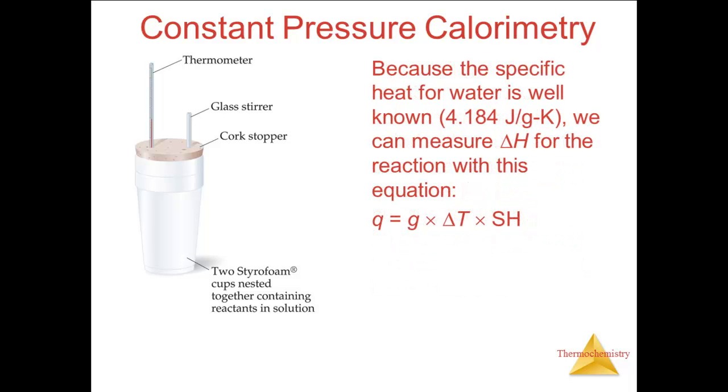Because the specific heat for water is well known, and a solution usually has a minimal effect on the specific heat, we can use the specific heat equation to determine the heat transferred. Since at constant pressure, delta H equals Q, we can find the heat of reaction per mole by dividing the heat transferred by the number of moles of the reaction that occurred.